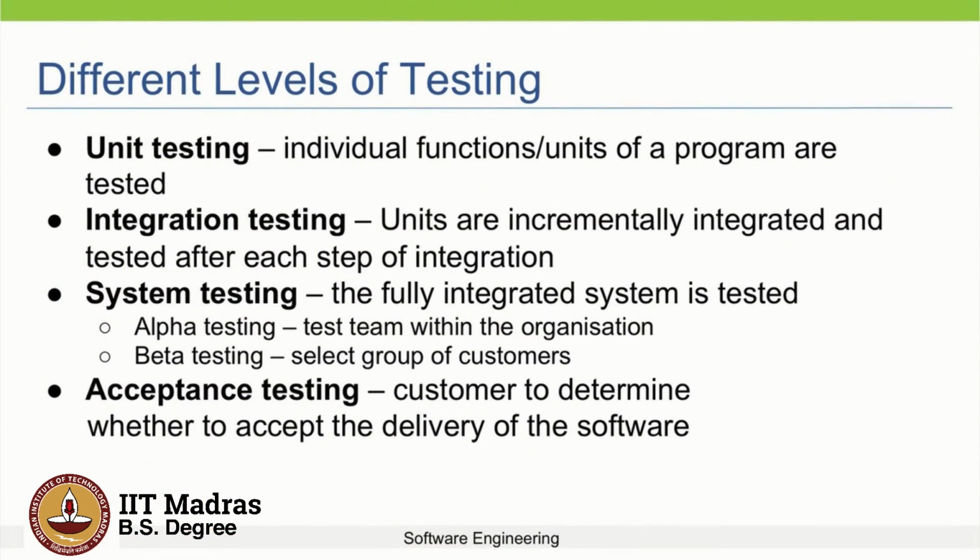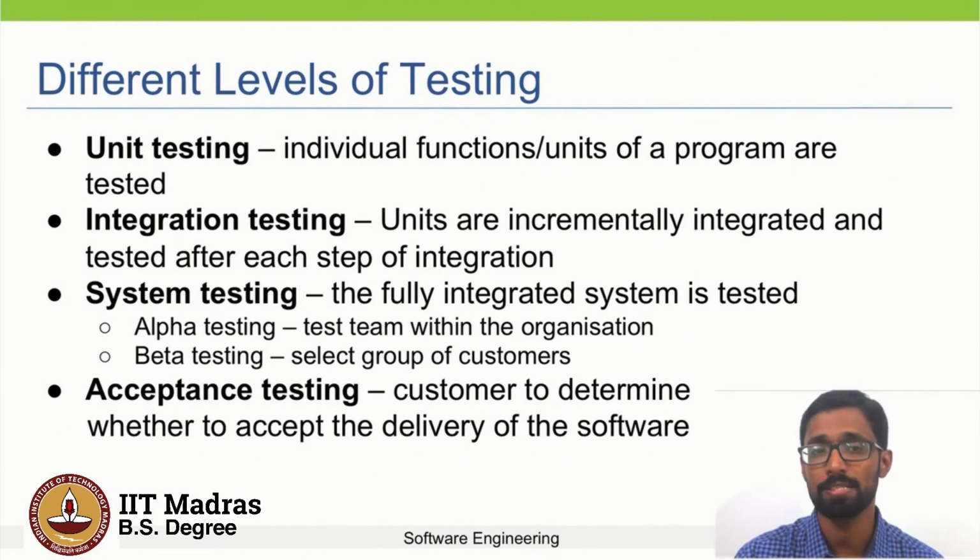Now there are different levels of testing as well. To start off, you do unit testing, where the individual functions or units of a program are tested. And once these individual functions or units are tested, then they are incrementally integrated and tested after each step of integration. And this is known as integration testing. Right?